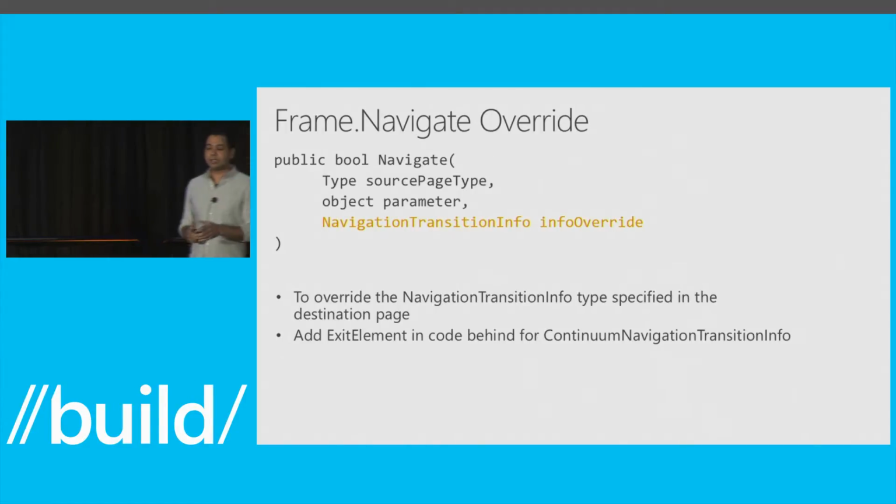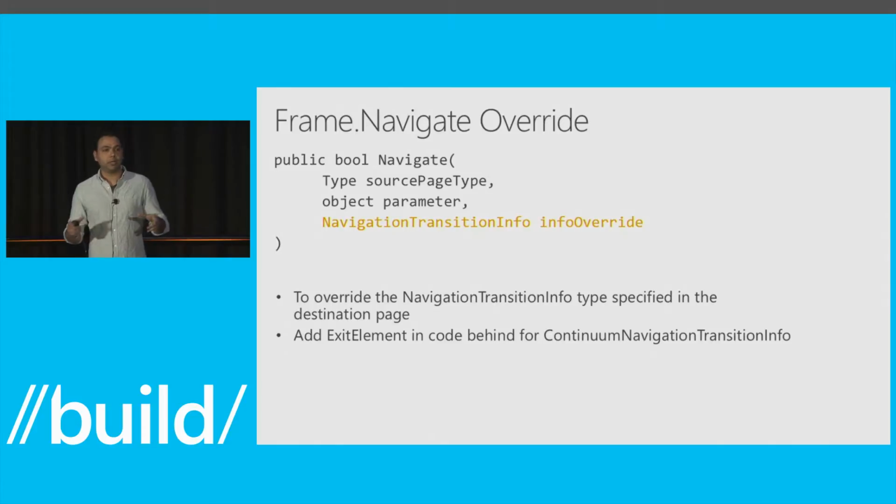In that case, you would create a continuum navigation transition object, and inside of it, you can set the exit element property from your code behind. When you pass that into the frame.navigate call, whatever you specified in that object is what's going to fly out.